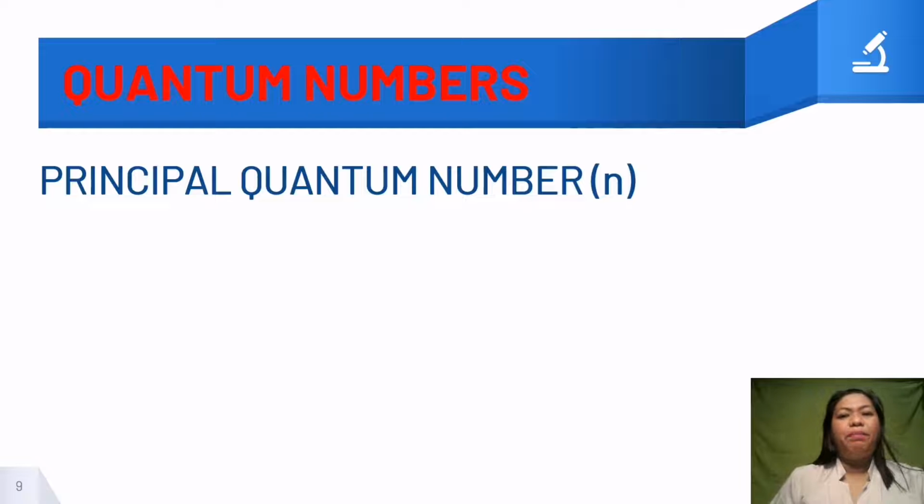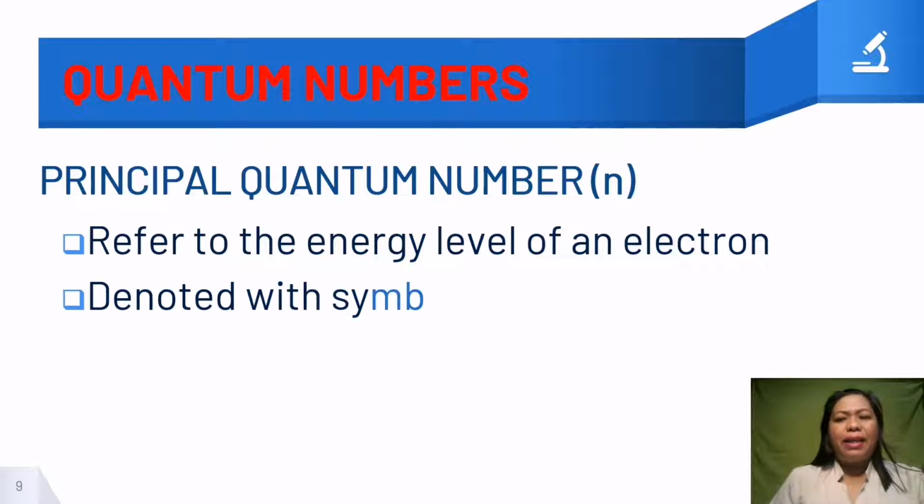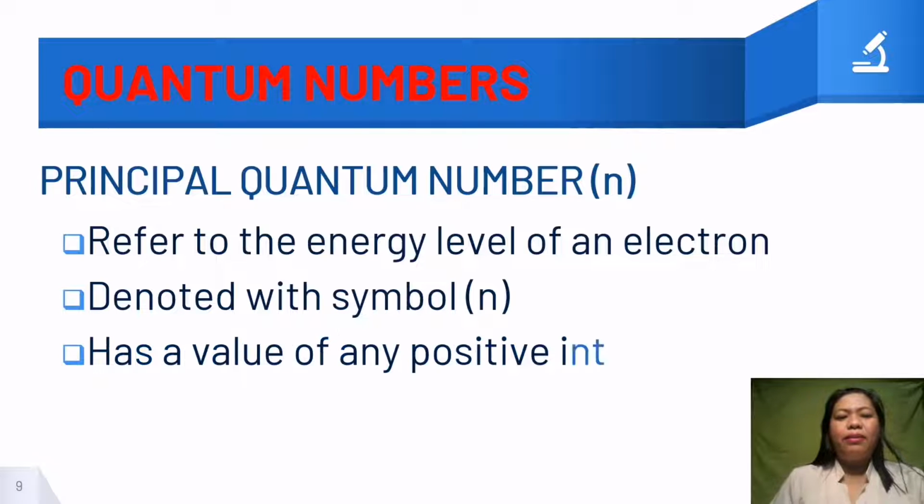Let's begin with the principal quantum number. It refers to the energy level of an electron. This is denoted with the symbol small letter n. It has a value of any positive integer.